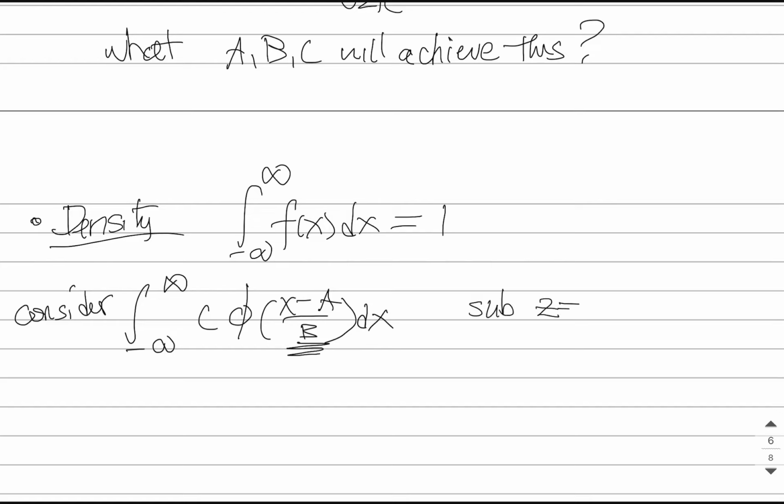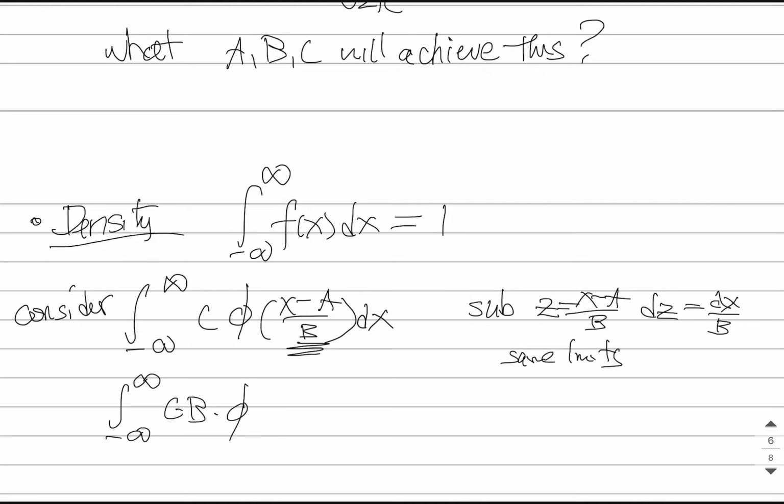We'll say that z is x minus a over b, and dz will be dx over b. Because the limits are infinite here, we are going to get the same limits, negative infinity to positive infinity, and we'll end up getting c times b phi of z dz.